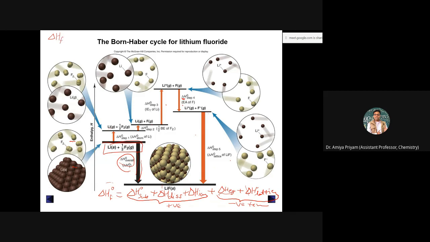This was suggested by Born and Haber, that we can calculate the lattice enthalpy, the energy released when the lattice is formed, by knowing this cycle: delta HF minus all the other terms taken together, delta H naught sublimation plus delta H naught dissociation for the fluorine, then the ionization energy for lithium, and electron gain enthalpy.